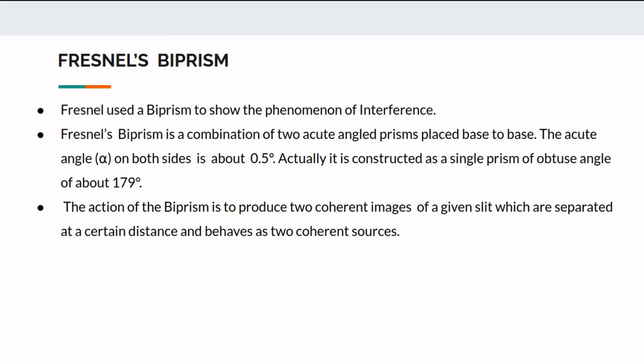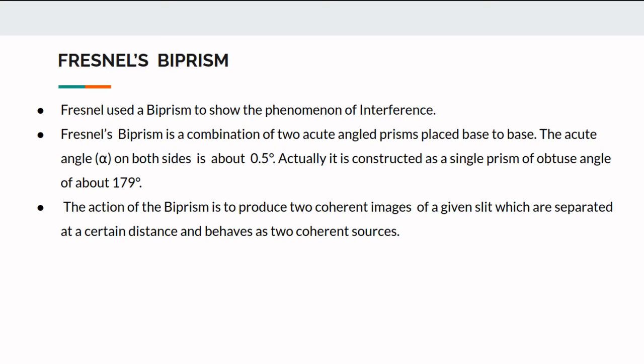In the last videos, I have discussed the phenomenon of interference and the formation of interference fringes. In this topic, the scientist Fresnel used a biprism to show the phenomenon of interference. Therefore, this is called Fresnel's biprism.